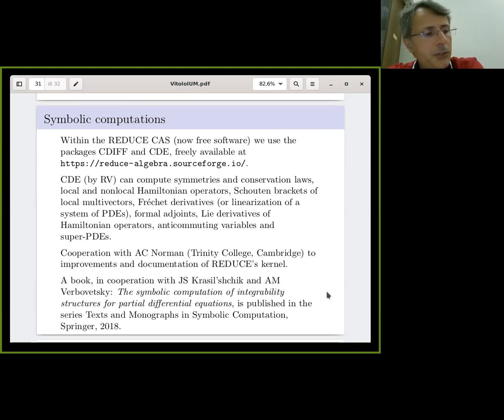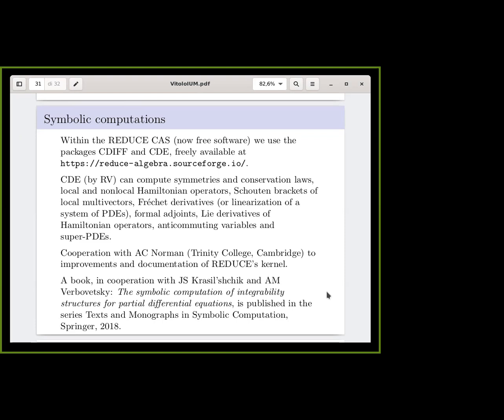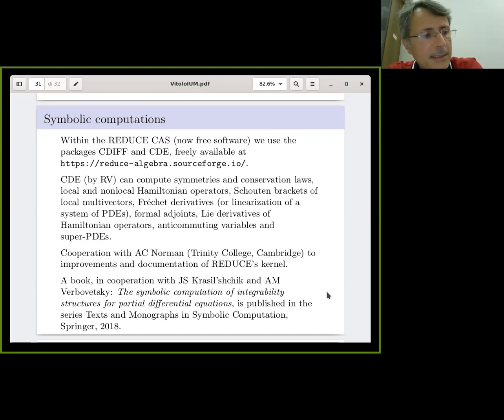Oh yes, of course. Many more people have knowledge of Mathematica and Maple than Reduce. I agree. And indeed, since I wrote a paper in collaboration with Casati, Lorenzoni, and Valeri, we have new packages in Maple and in Mathematica for the computation of Schouten bracket. So if you contact me in private, I will give you the latest versions, which are under review in a journal.